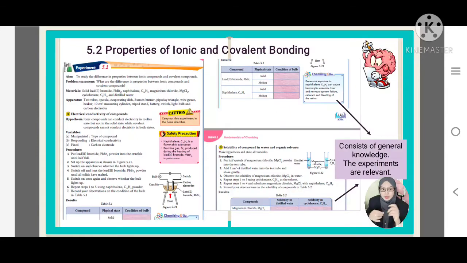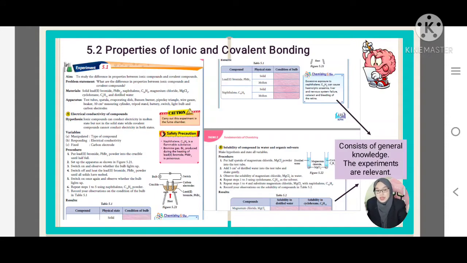Alright. Next, the second experiment is to study the properties of ionic and covalent bonding. I have gone through the experiment, and I found that it consists of general knowledge, because it has stated the effect of exposure to naphthalene, and the experiments are relevant.